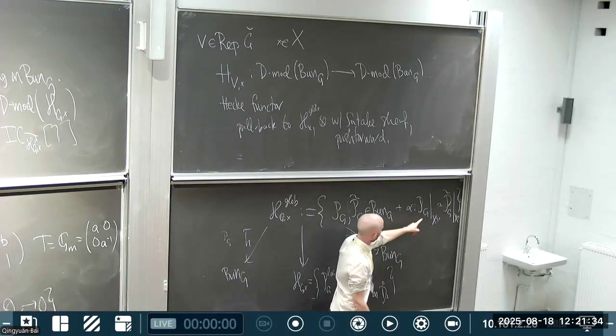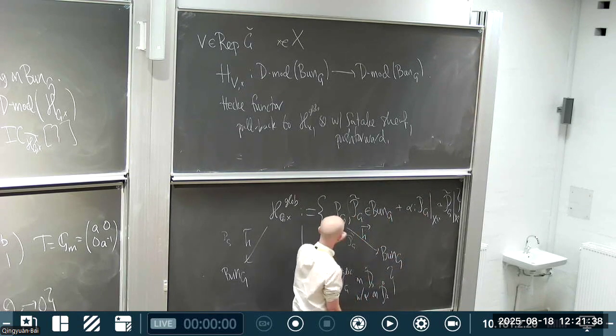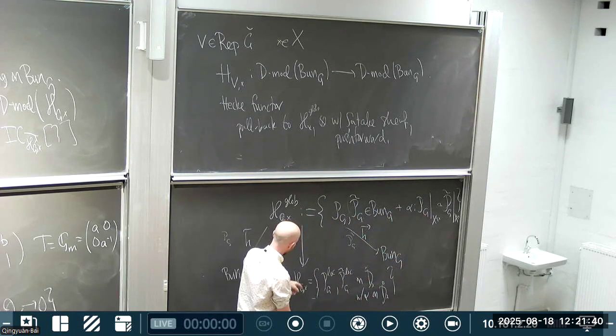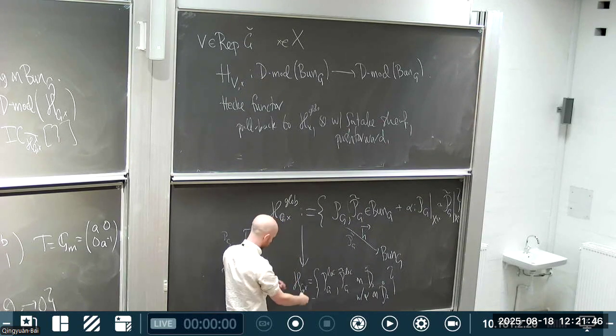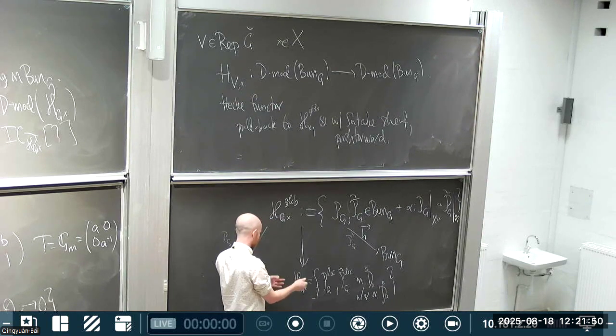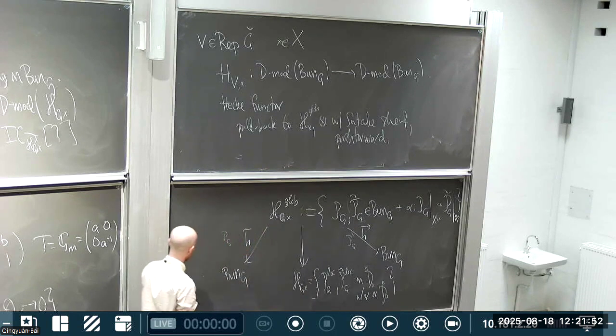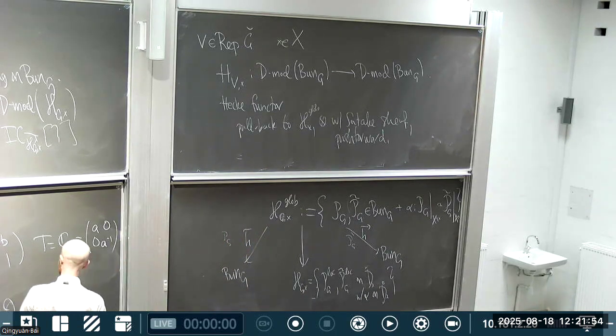You take the fiber of your sheaf at the first point, but then you weight that according to some kind of measure. That measure is pulled back from the type of the local modification, what's happening just near the point. And the specific measure you're supposed to take is the one coming from this Satake sheaf.